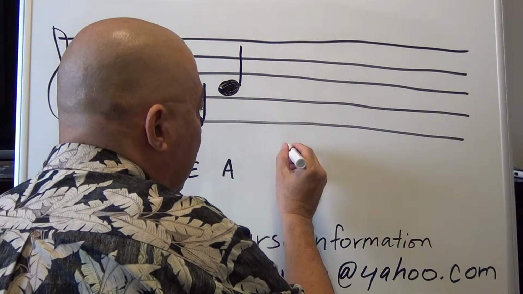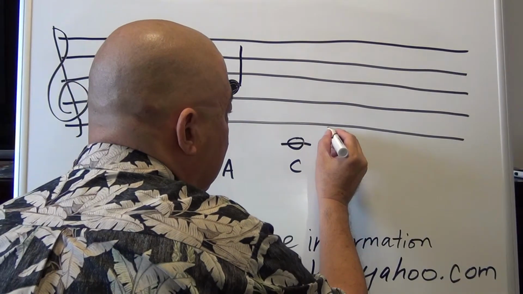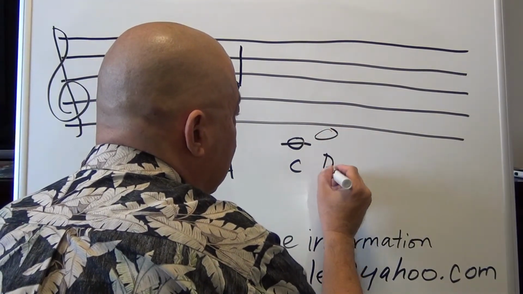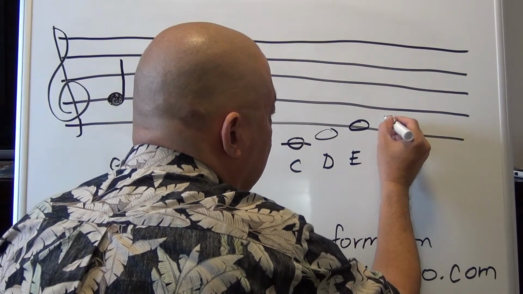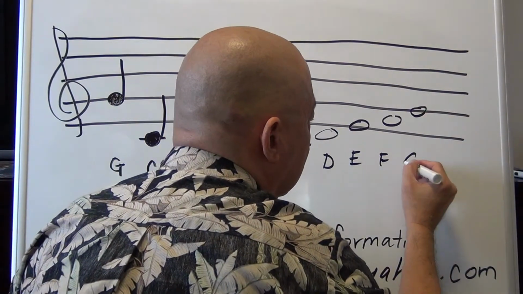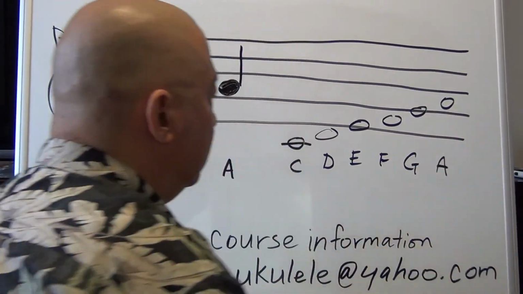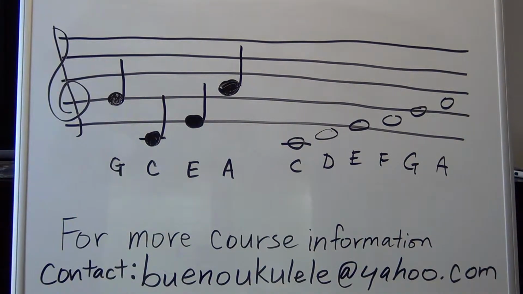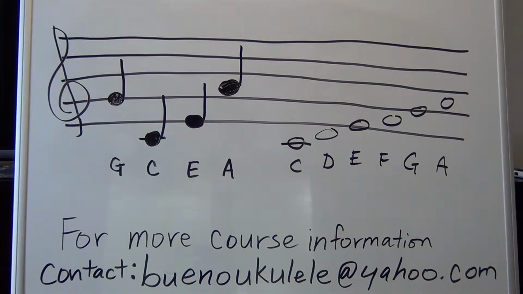If you are able to recognize that as a C, that as a D, that as an E, that as an F, that as a G, and that as an A, you are doing really well. The very minimum, you should memorize this going into Ukulele 2, the online course.